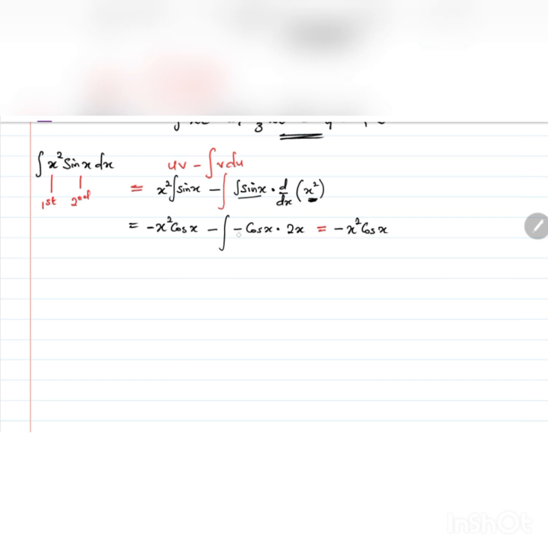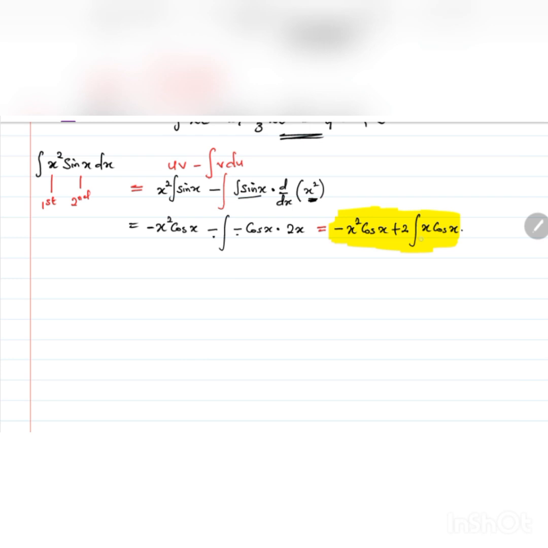If I bring this minus outside, it turns to plus, because minus times minus is plus. This 2 is a constant, so that will give us plus 2 the integral of x cos x. Now at this point I should say this is my answer, but there's an integral sign in it, so I still have to integrate that part.